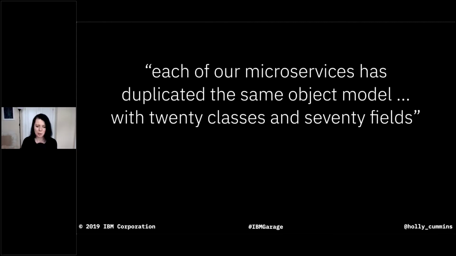There were about 20 classes and about 70 fields, and each microservice needed to use this object model. And they didn't want to be coupled. So instead of having a common library that would have introduced a coupling, they copied and pasted the code.